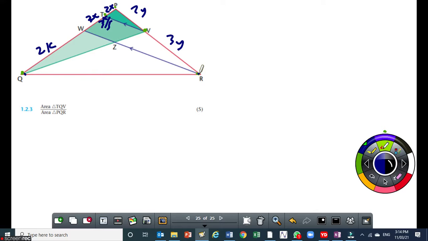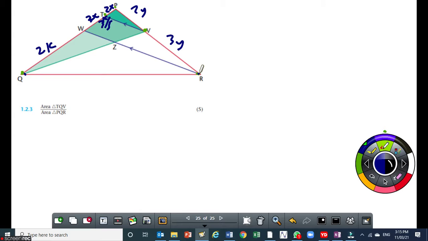So let's look at TQB. Which triangle shares a common height with TQB? I'm talking about a triangle that we probably might know some dimension of. PQV.